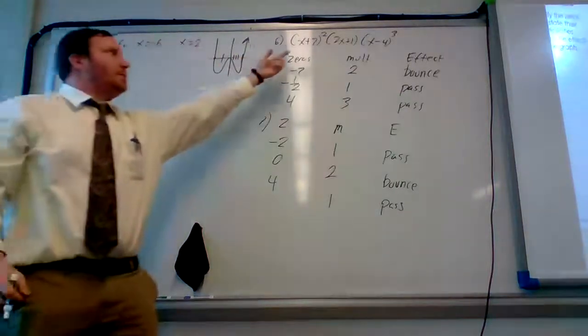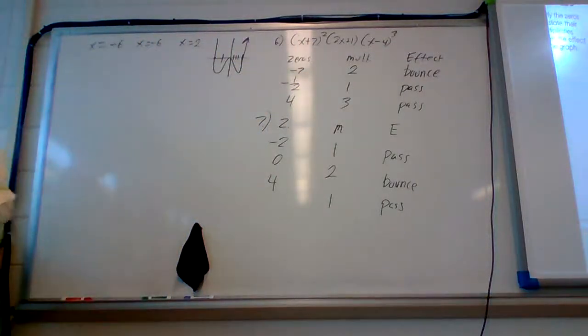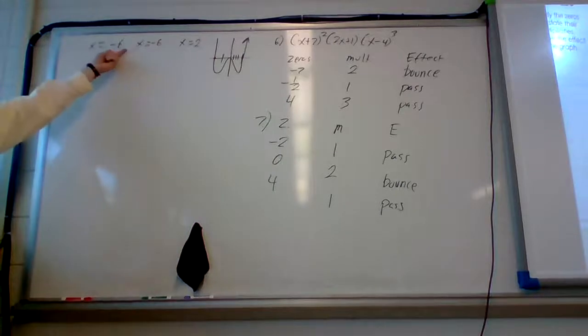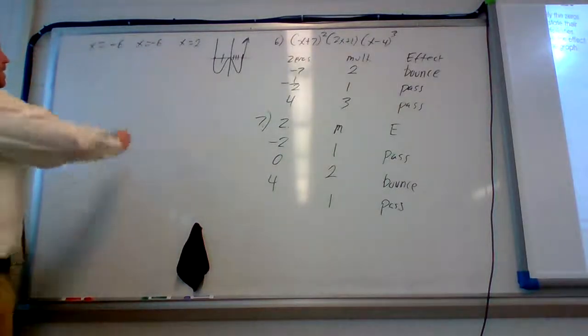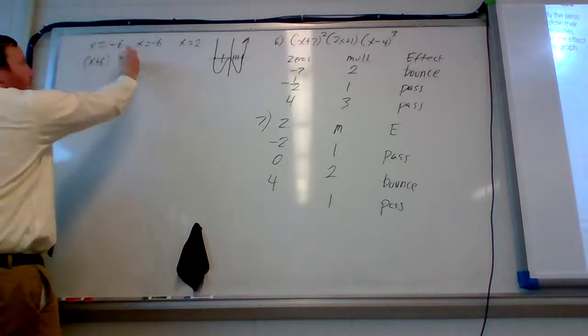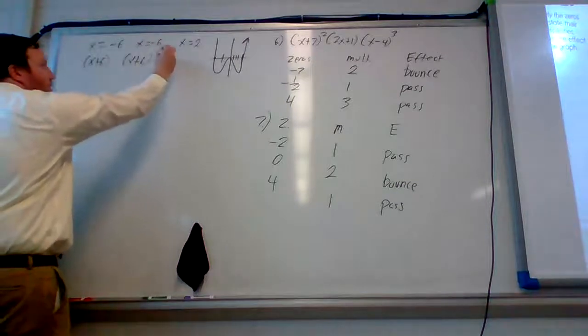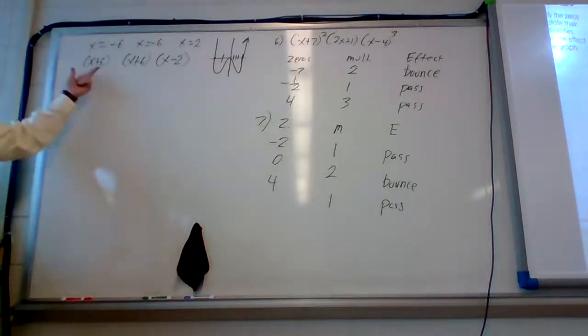How do we turn it into something that looks like this? x plus 6, right? We need to move our 6 to the other side, and we also need to move our 2 to the other side. So that's going to get us x plus 6 as a factor. We've got 2 of those, and then we also have that x minus 2. So now we have our equation in factored form.